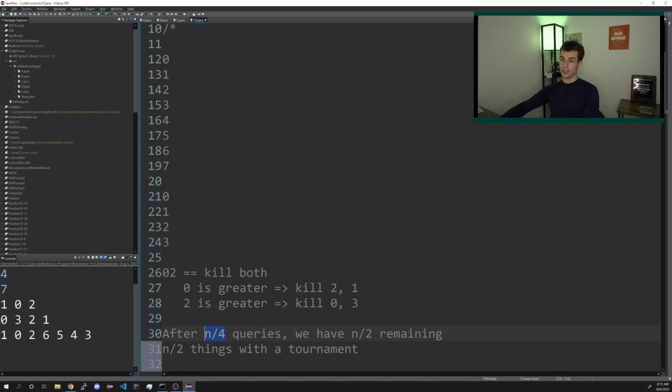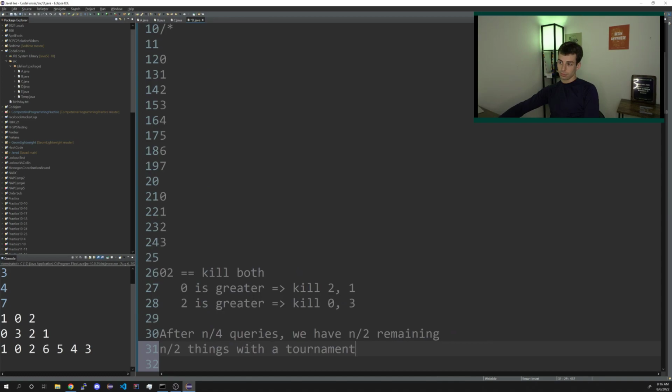Well, so what's our final runtime, right? Worst case, we have n over 4 plus n over 2 minus 1. After n over 4 queries, we have n over 2 remaining.